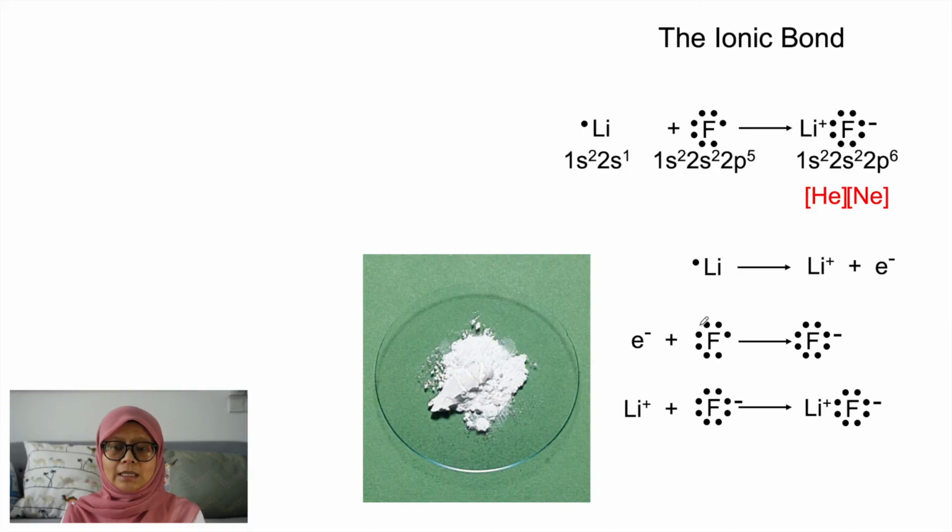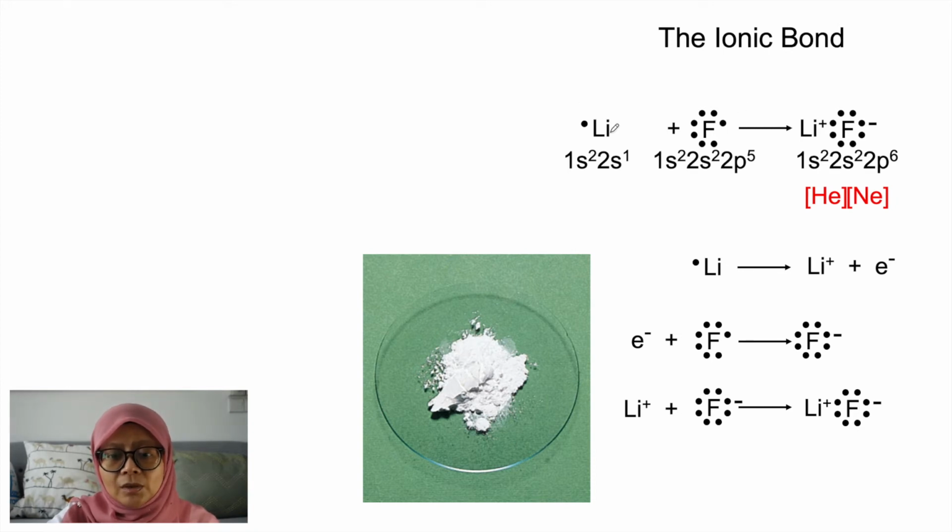So guys, we have discussed the ionic bond and the covalent bond in previous topics. So let's say you want to show the Lewis structure for ionic compounds or an ionic bond, you need to write down the valence electrons surrounding the metal and also the non-metal. In this example, we have lithium fluoride.